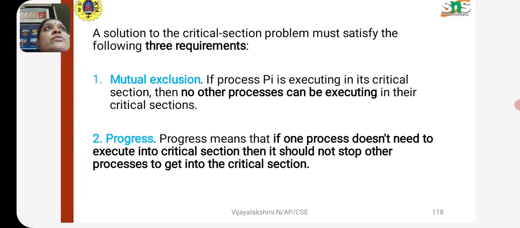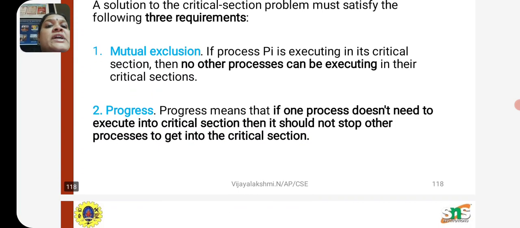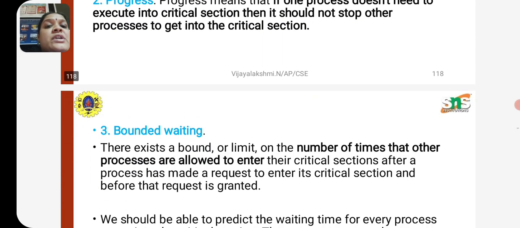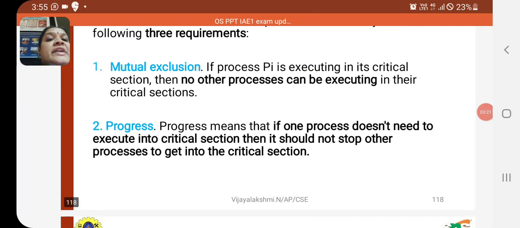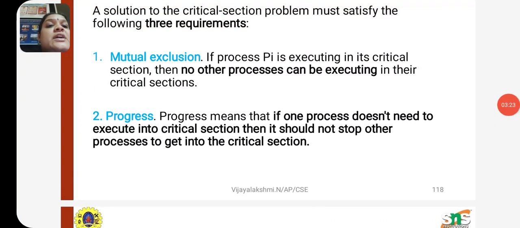Whatever the solution for the critical section problem may be, it has to satisfy the following three conditions. What are the conditions? The first is mutual exclusion, the second is progress, and the third is bounded waiting. Mutual exclusion is: if process Pi is executing in its critical section, no other process can enter its critical section.